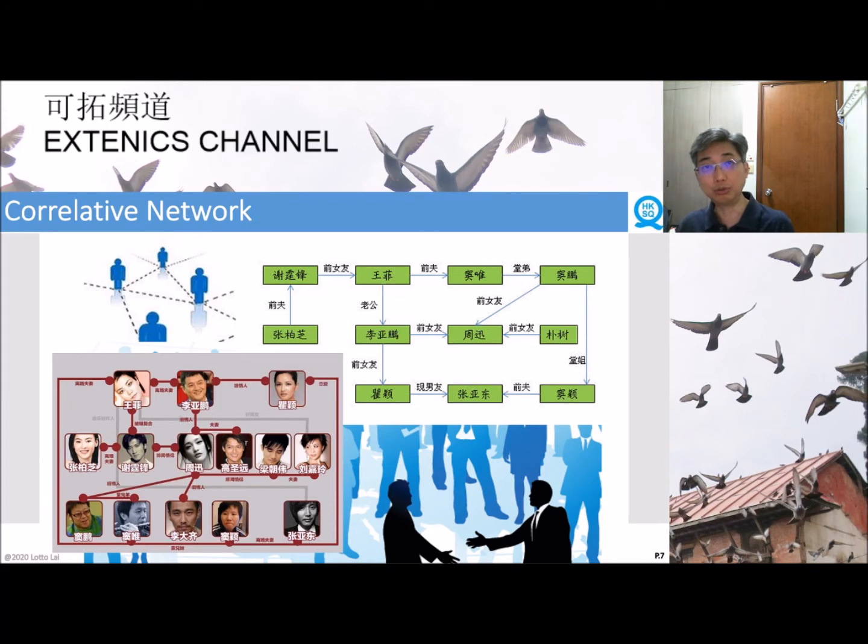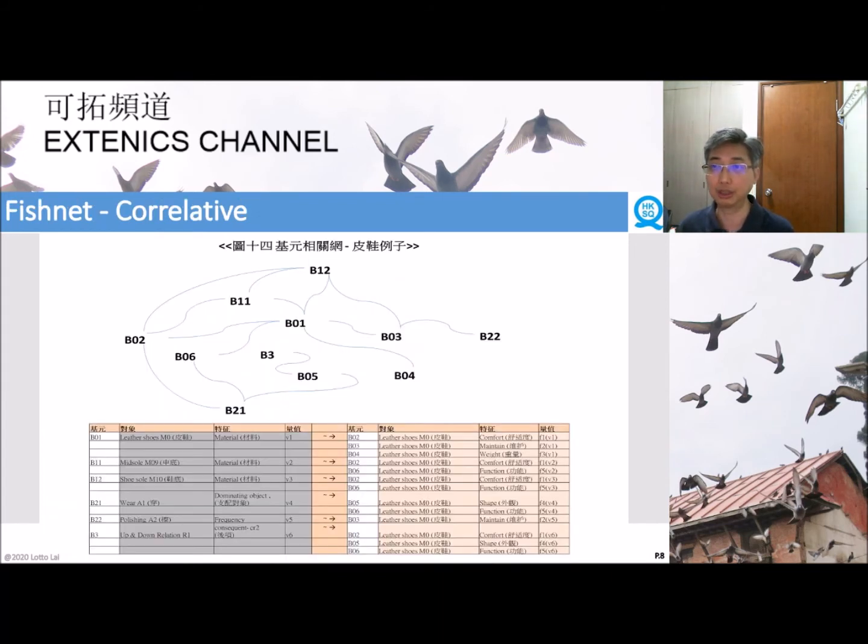For product design, I'm showing you the last example. It uses the shoe as a basic element, and I form the network from its components. For example, if the shoe upper is basic element 1, its characteristic is the material, with a certain value.